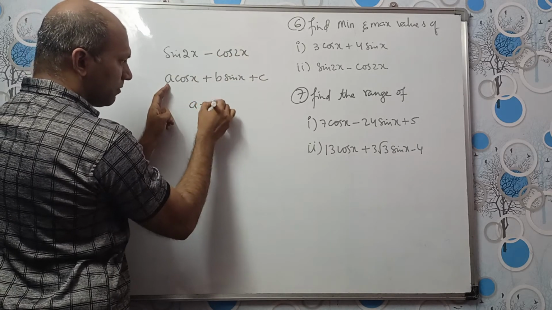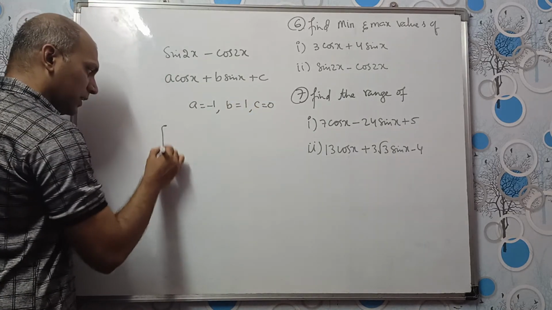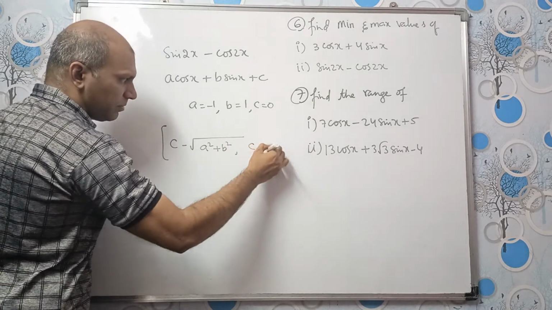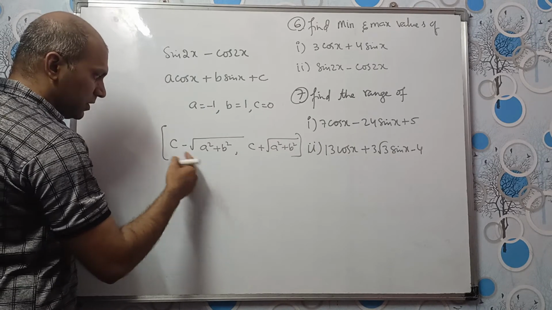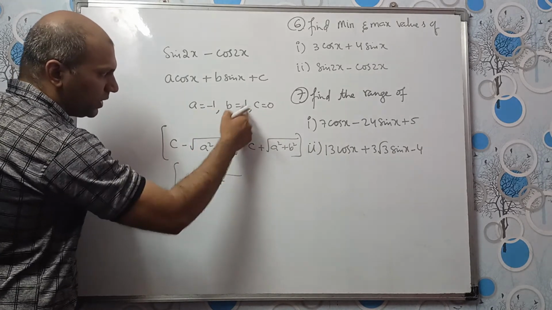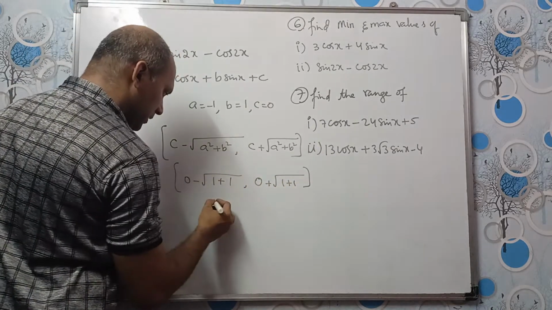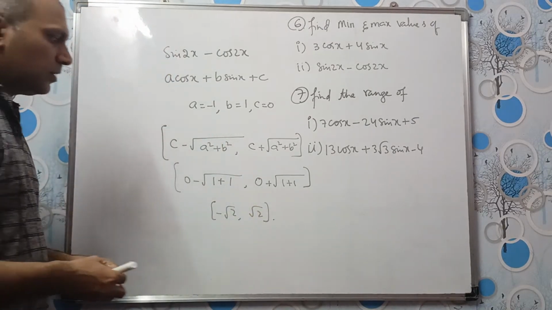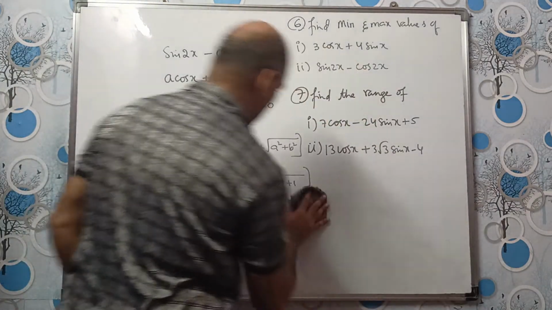A is minus 1, b is plus 1 and c is 0. So minimum and maximum values: 0 minus root of minus 1 whole square is 1, 1 square is 1. So this will be 0 plus root of 1 plus 1, right? So minus root 2 and root 2. Minimum value is minus root 2, maximum value is root 2. Okay.